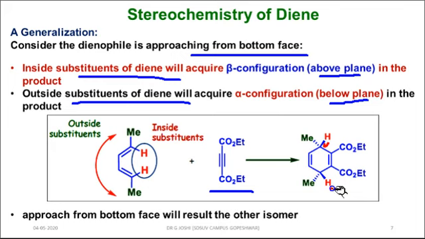These two hydrogens are in the above plane, whereas the methyl groups which are outside of this butadiene acquire the below plane in the product, considering the dienophile is approaching from the bottom face. However, if the dienophile approaches from the top face, then it will result in the other isomer.